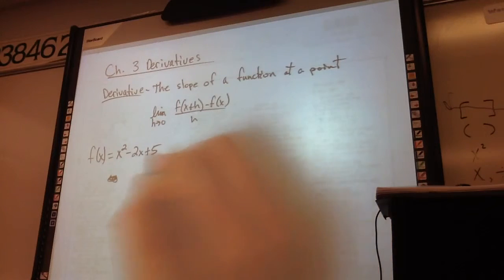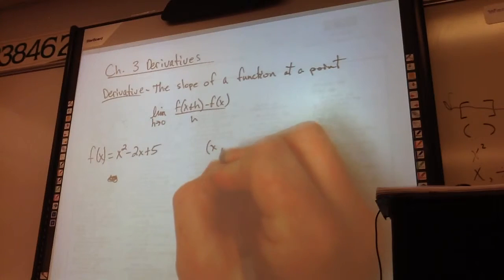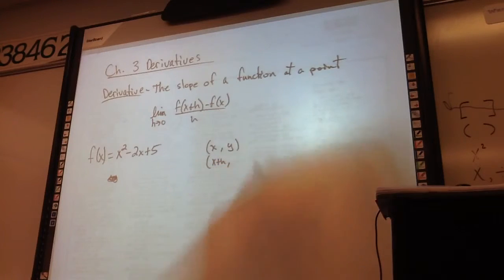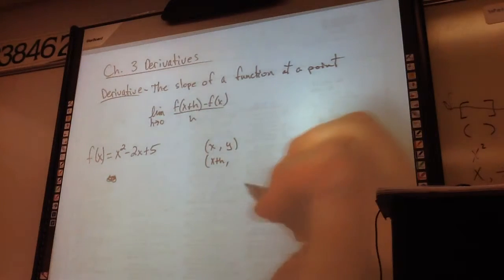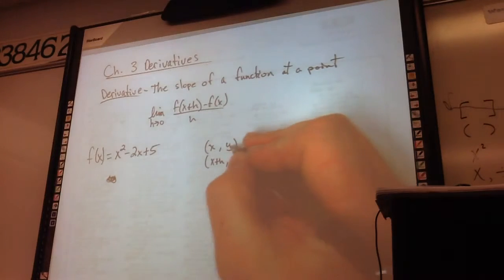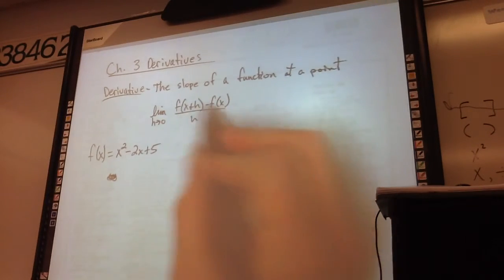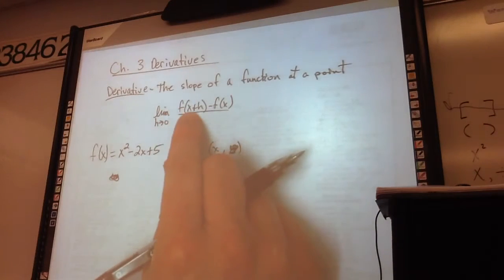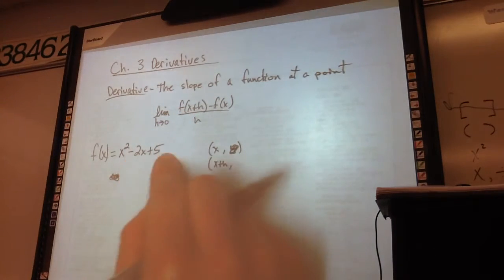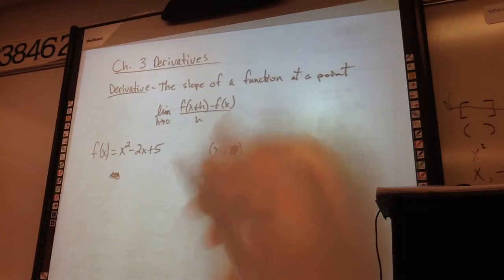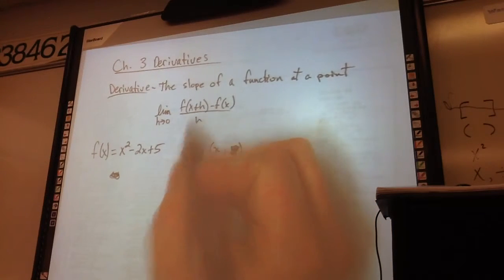Your 2 points are x and x plus h. It's doing the same exact thing, but now instead of 4 plus h or 5 plus h, you're using x plus h.